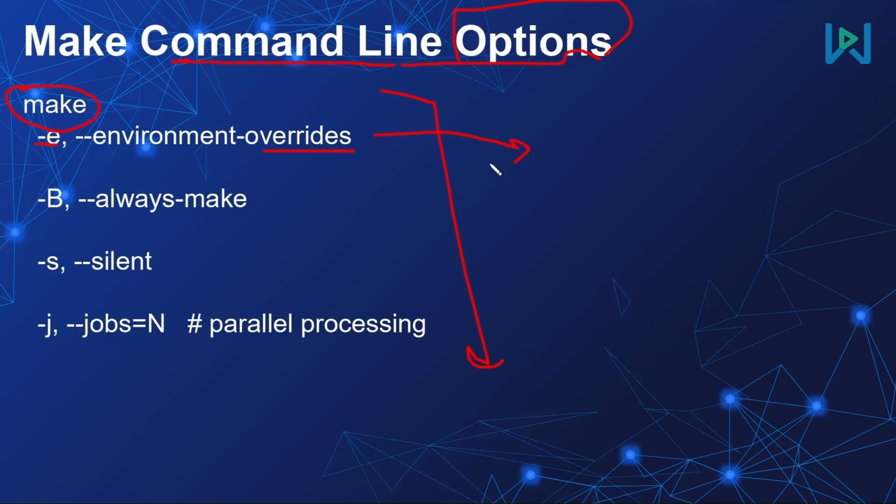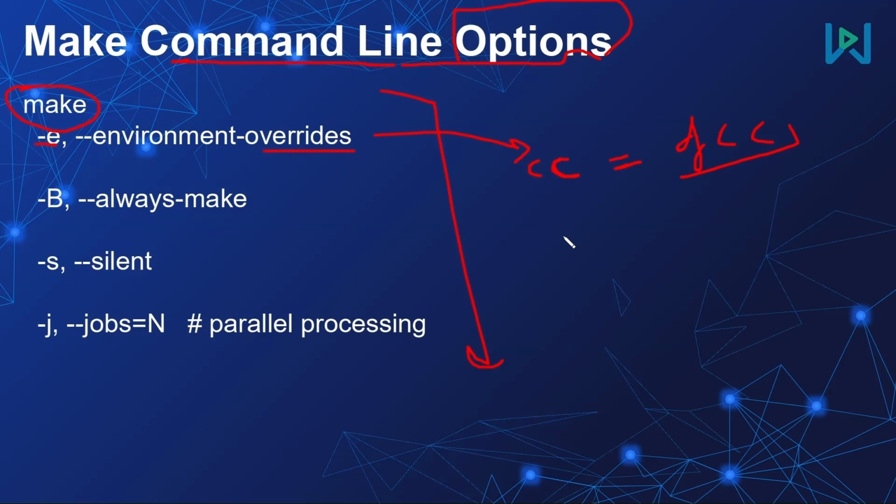For example, if we have this compiler variable CC which gets initialized globally at our system level by this value gcc, it means we're going to use the gcc compiler.